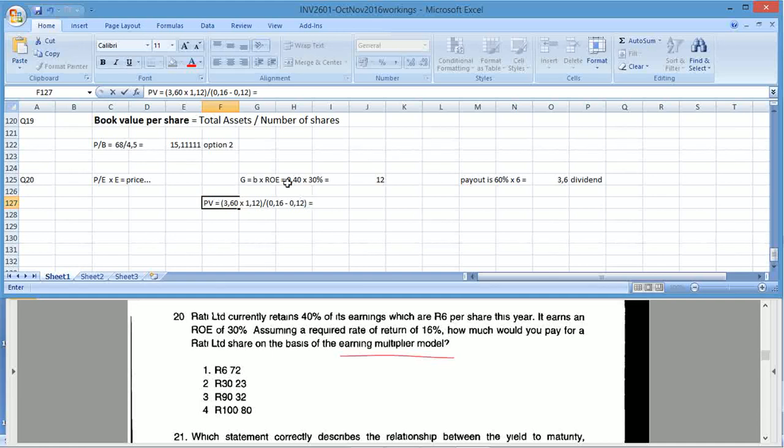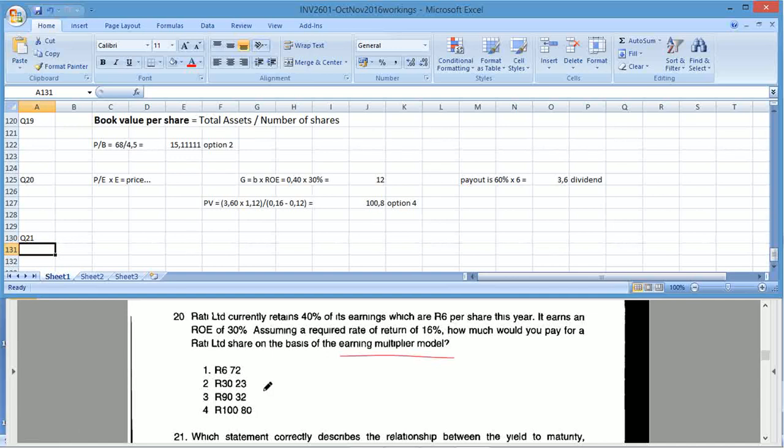Close brackets equals 180 cents, option 4. Okay, and that's 20 questions correct so far.